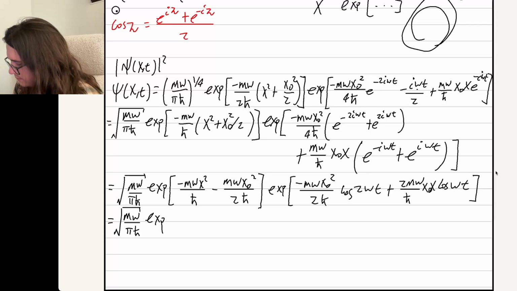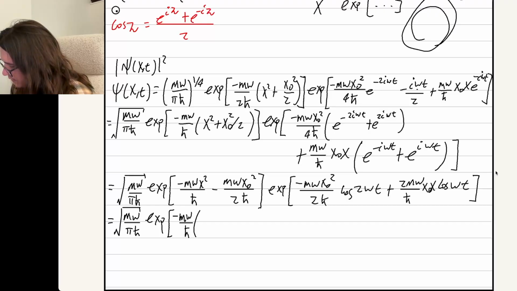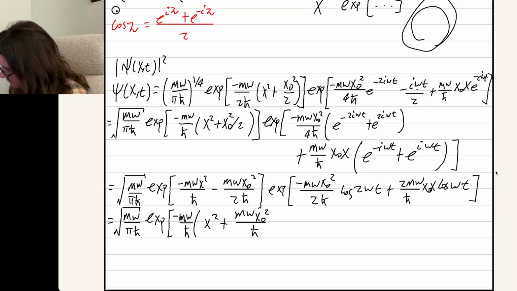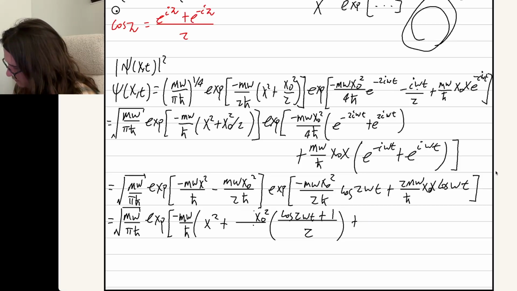So we'll have an exponent minus m omega over h bar, and then we have just x squared plus m omega x naught squared over h bar cosine 2 omega t plus 1 over 2, right? Plus, and that's not even true. This got factored out. It's just the x naught squared that sticks around.